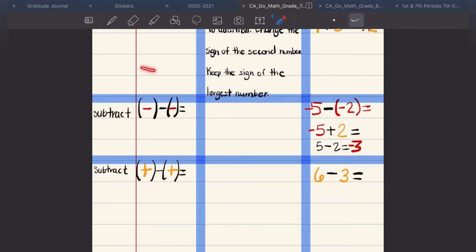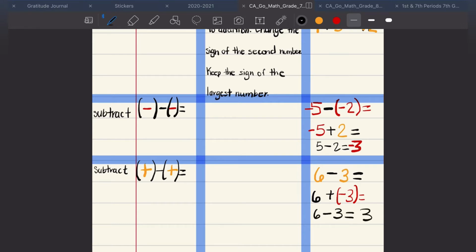So again, it says that I have to keep the first digit. I keep the first digit, then I change the sign of the operation, then I change the sign of the number, and then I do the absolute value. So 6, I subtract the absolute value of those two.